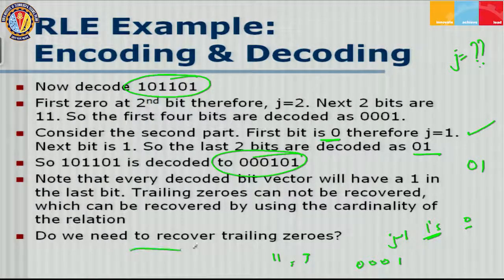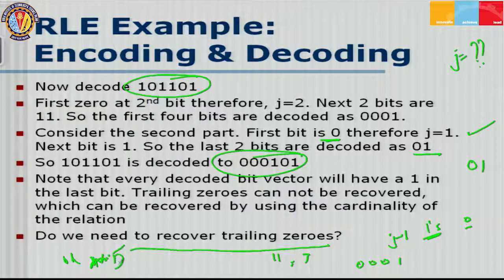But the question is, do we need to recover trailing zeros? The answer is no, we don't need the trailing zeros, because zeros don't contribute to either of the operations that we carry out, that is OR, NOT, or AND. So it is by default assumed that all the remaining bits are filled with 0 on the right hand side.